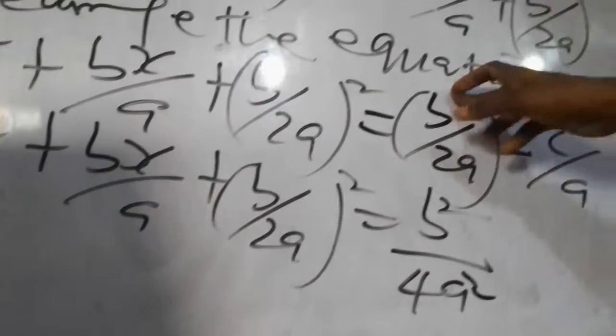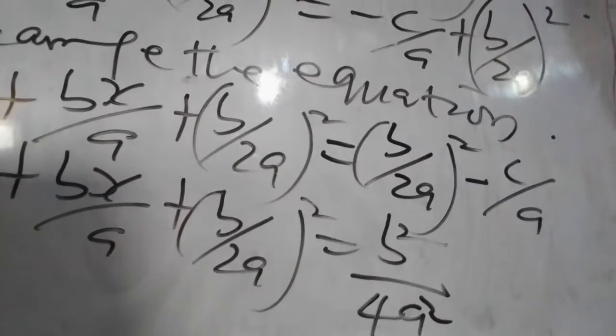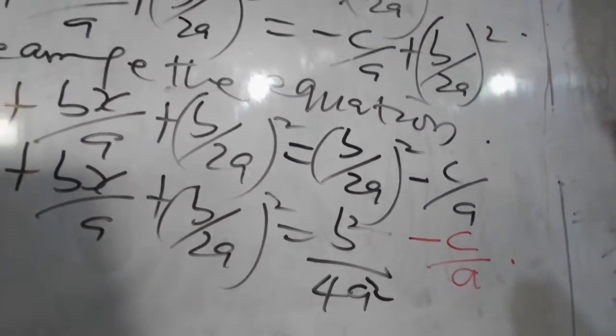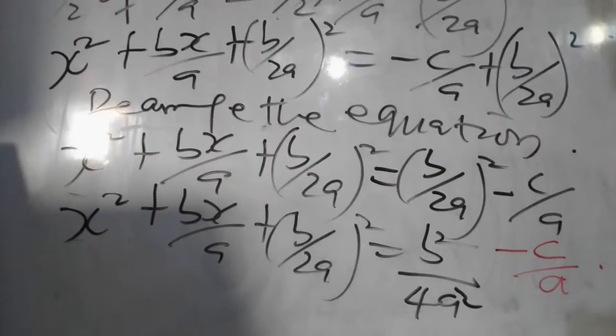So b times b is b squared, all over 2a times 2a, that's 4a squared, minus c all over a.